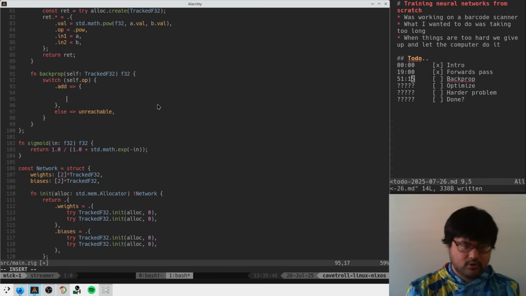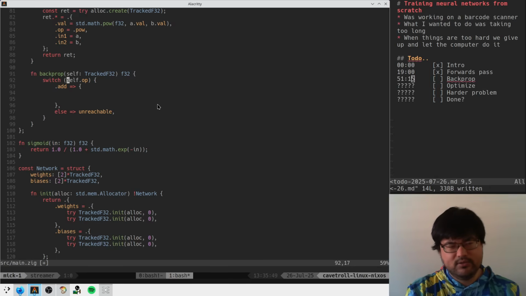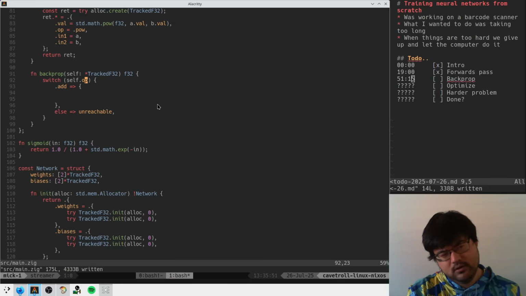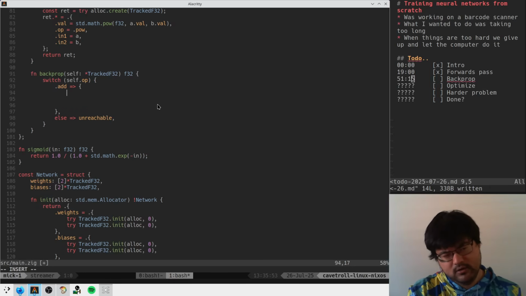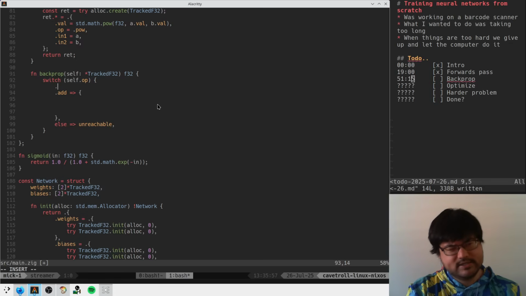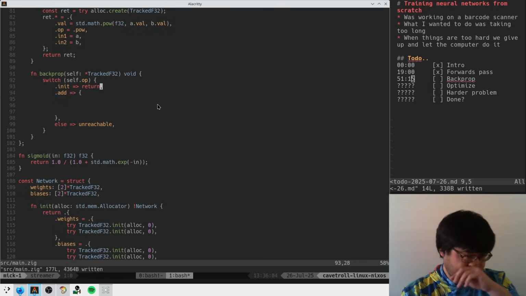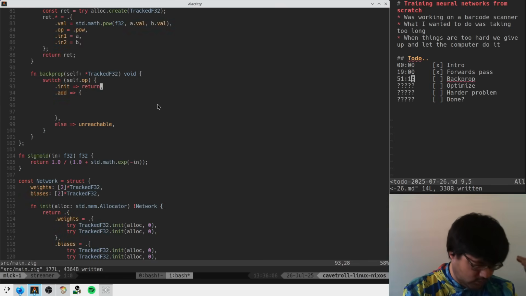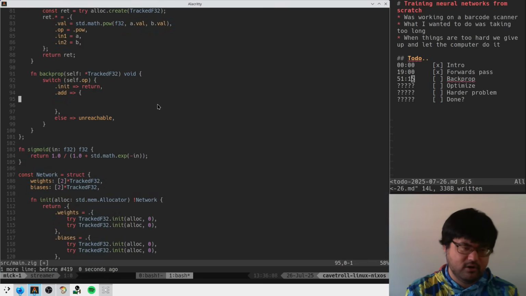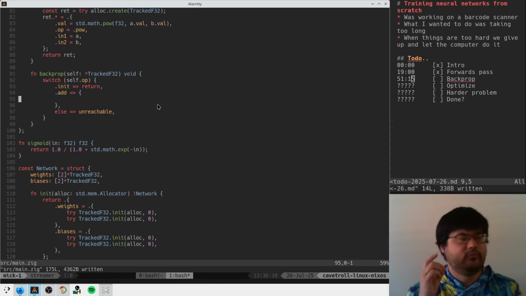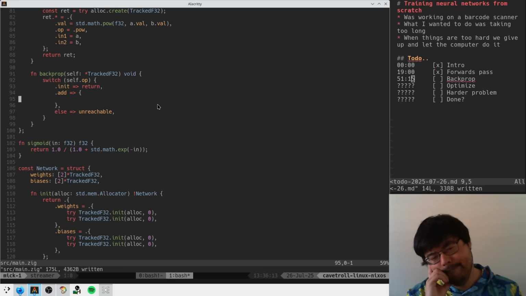So I guess this thing's a pointer probably, and all right, I guess init is return. This is our exit case, right? We've hit a number that has no one it came from. It's just some base number. I'm thinking.